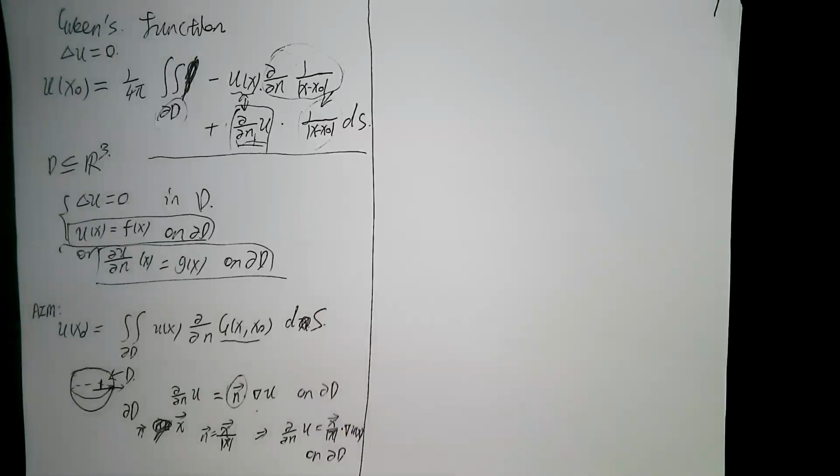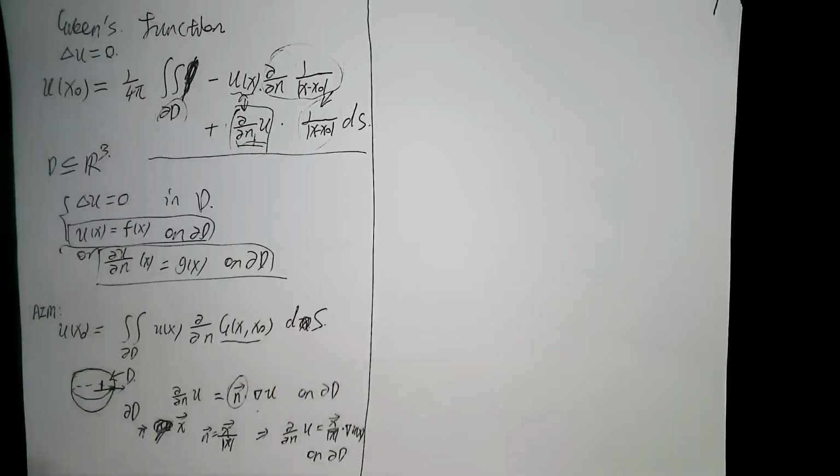Sometimes it is complicated because n, as an outer normal vector, depends on which point you take on the boundary. But we can try to simplify it a little bit more, for instance if you have a domain like a ball or a sphere.